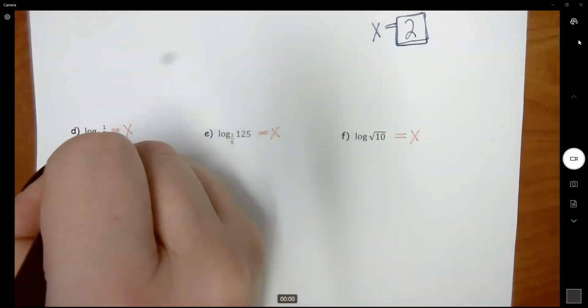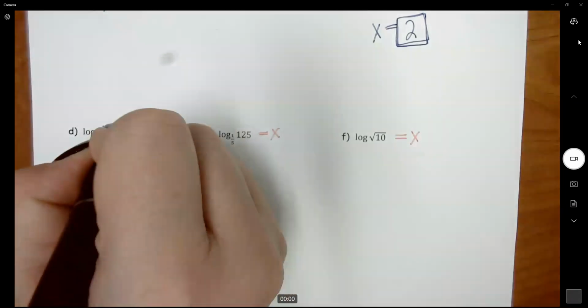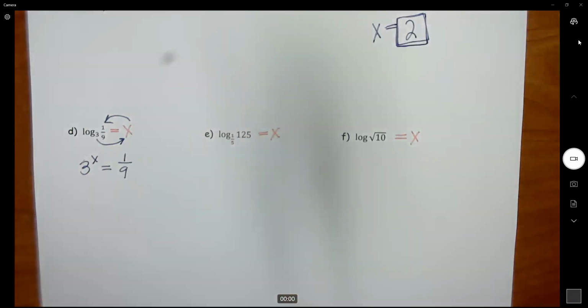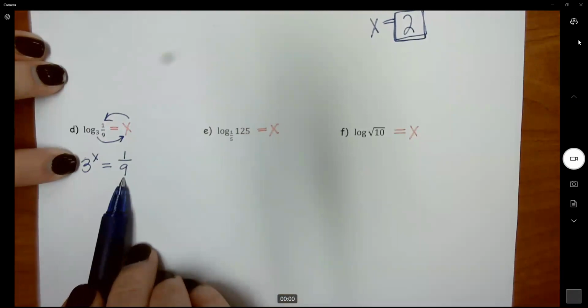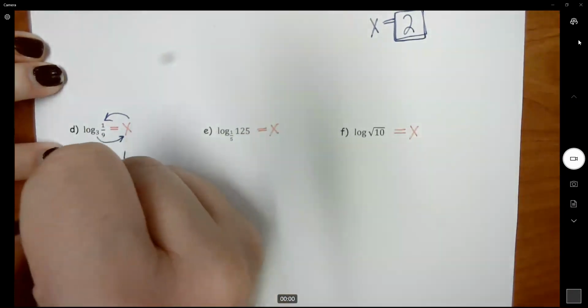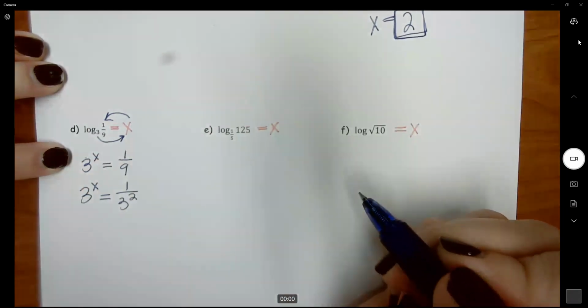I'm going to go base to equals, so 3 to the x power equals 1/9. Okay, I need to get these to become the same base, so I can rewrite 9 as 3 squared.